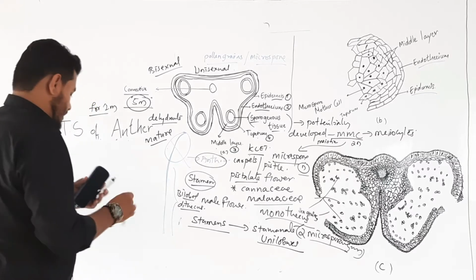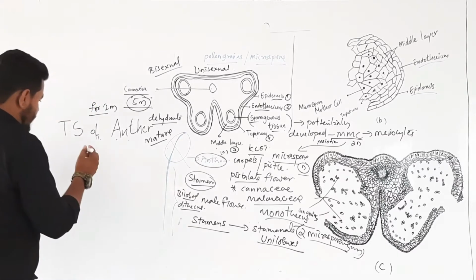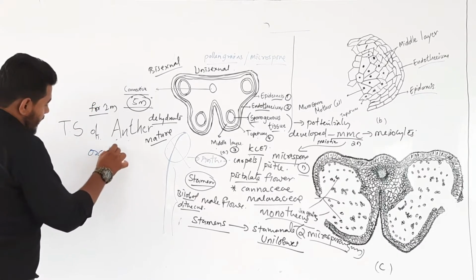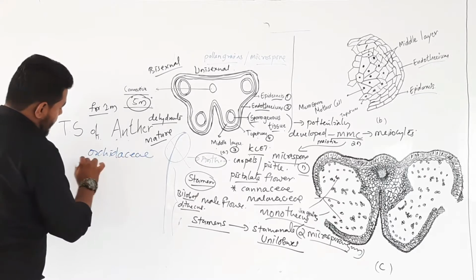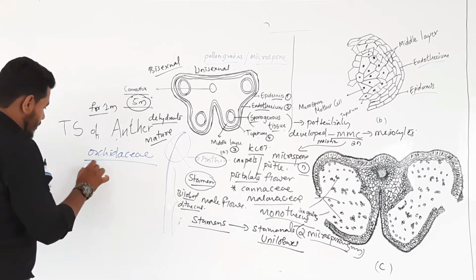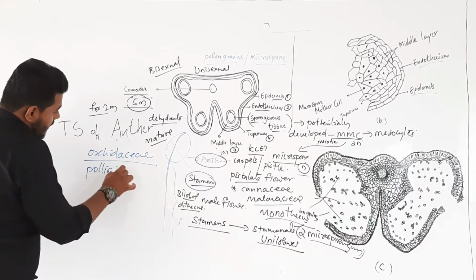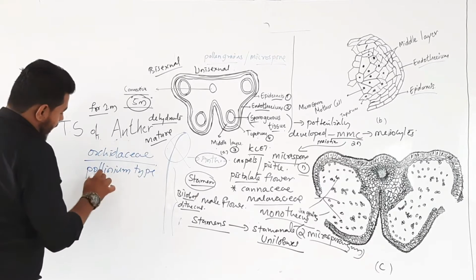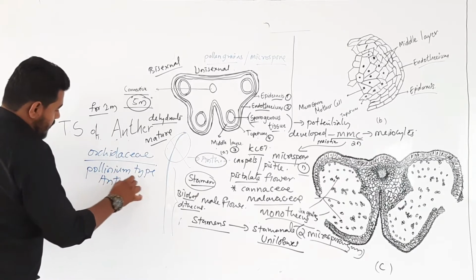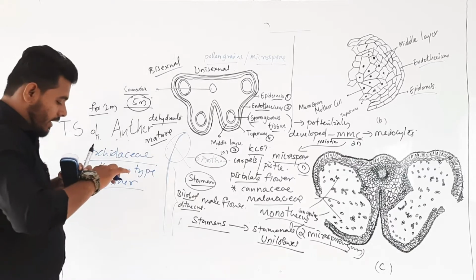In the family Orchidaceae, pollinium type of anthers are present. So what happens in the pollinium type?